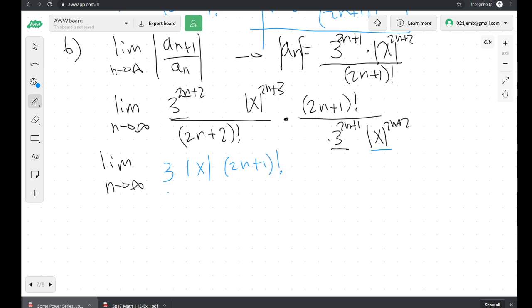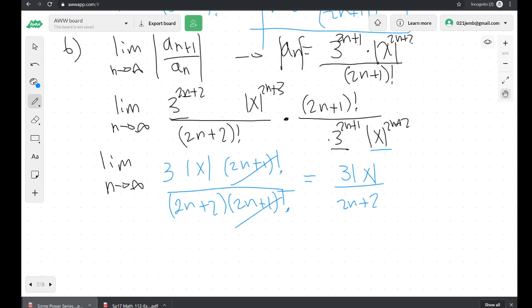And then we're going to simplify 2n plus 2 factorial, which is going to be 2n plus 2 multiplied by 2n plus 1 factorial. This will cancel out, okay? And we're left with 3 times the absolute value of x, divided by 2n plus 2. Okay, we're going to take the limit as n goes to infinity.